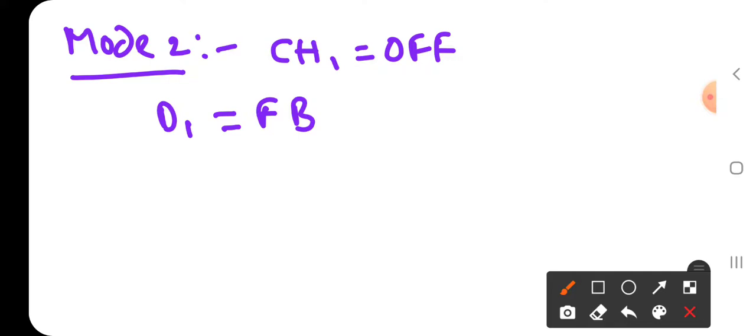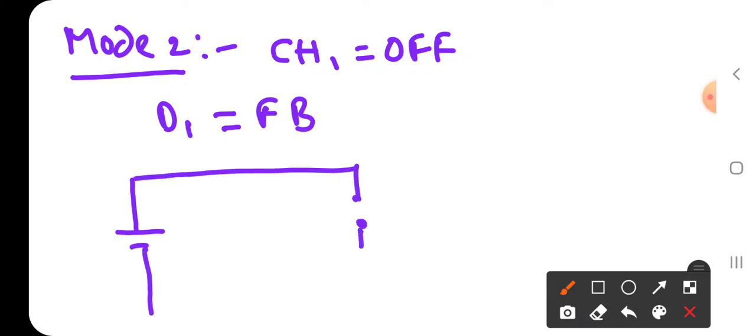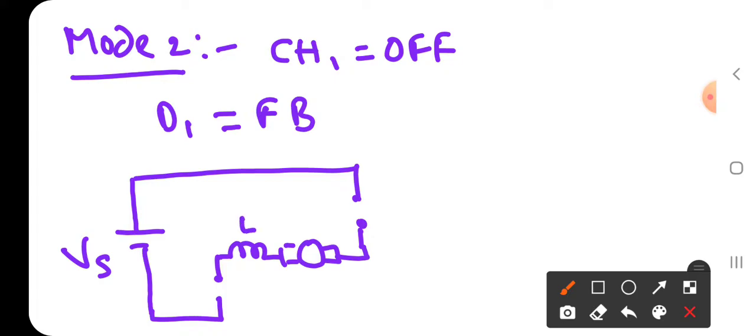The circuit is like this: this is Vs, D2, the inductance, the motor, and here one more diode, D1. This is VA.